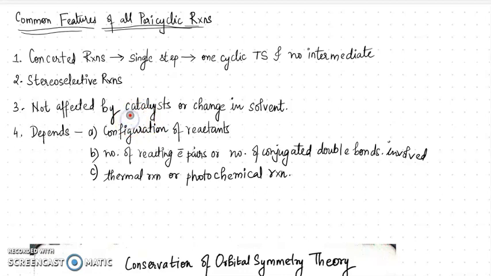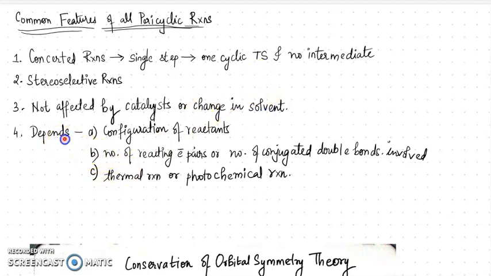That's why you do not see the effect of catalyst or the effect of solvent, because solvation will come into play only when you have charged species involved in your reaction. Since we do not have any of them involved here, we don't see any effect of the catalyst or the solvent in these reactions.